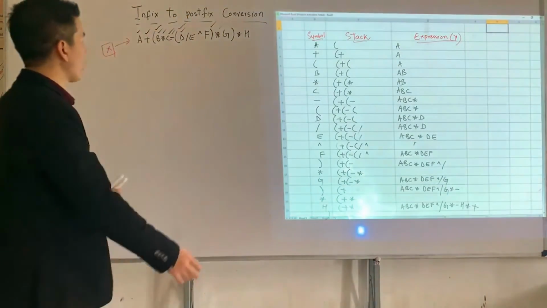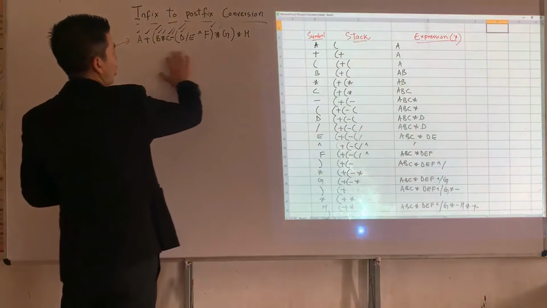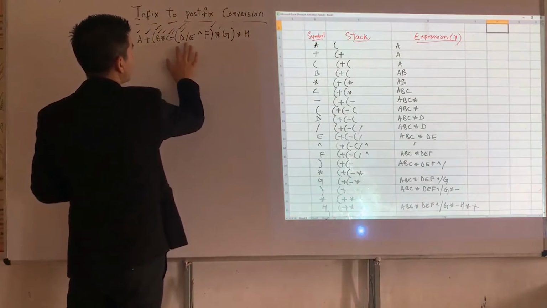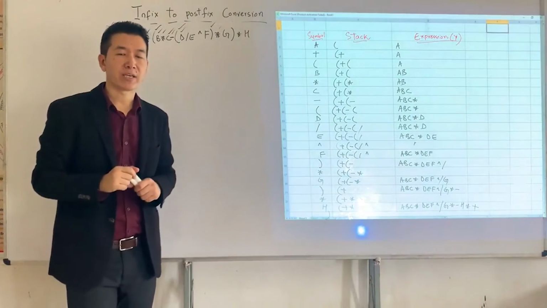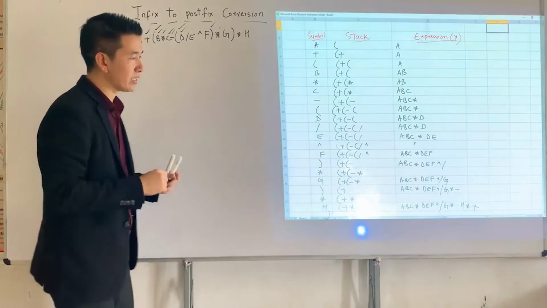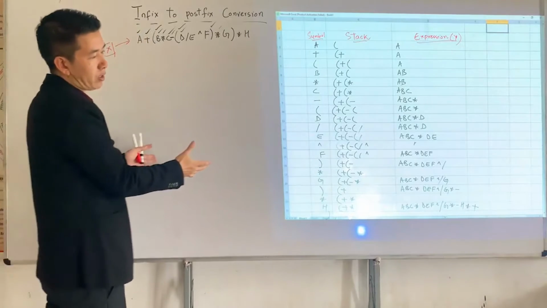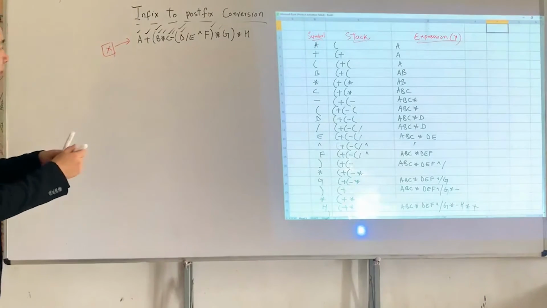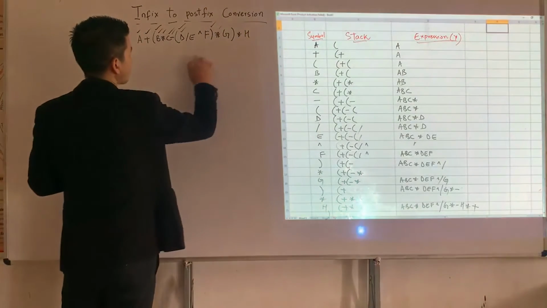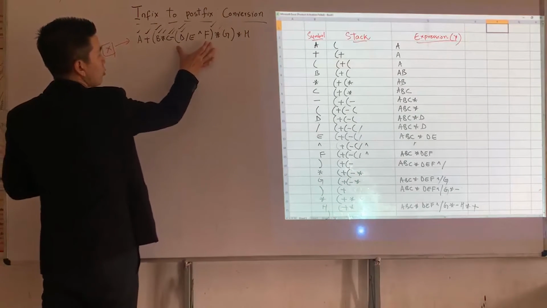Now we'll try to convert this infix to postfix using the manual technique which we did last week, and then check whether we reach the same solution or not. So when you look at this, this is the innermost bracket.